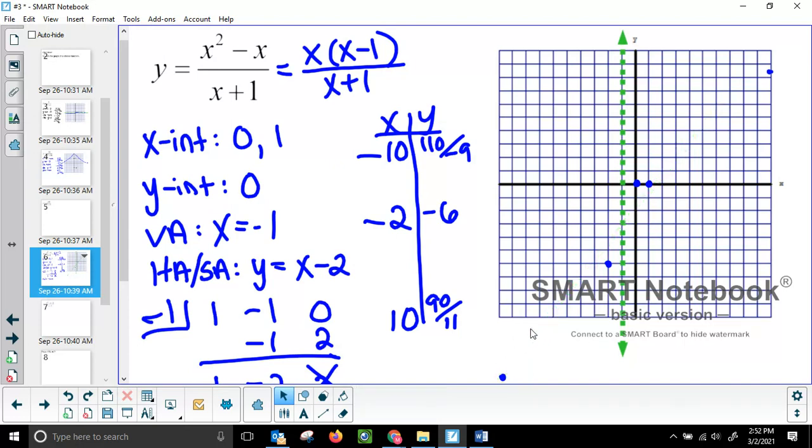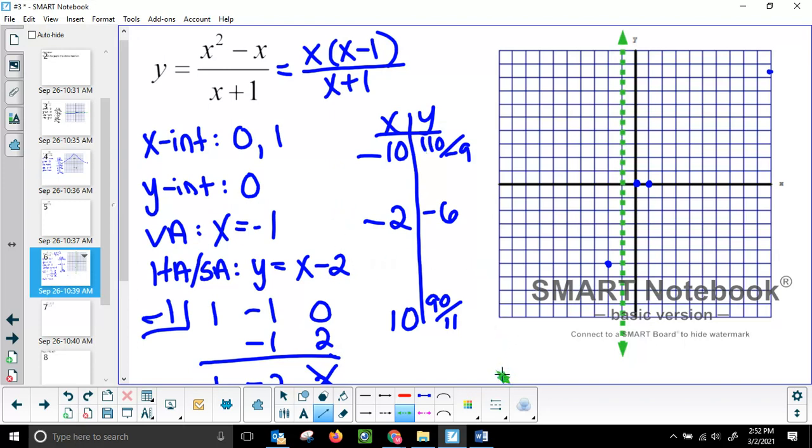Okay, let's try this again. So 110 over -9 is -12.2.